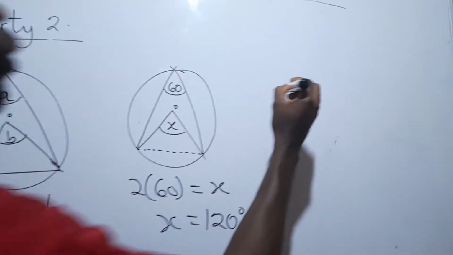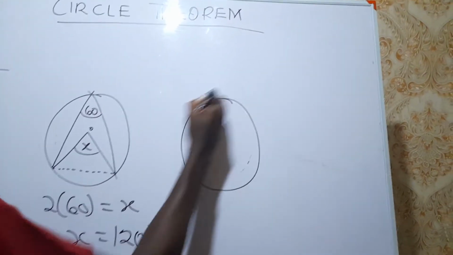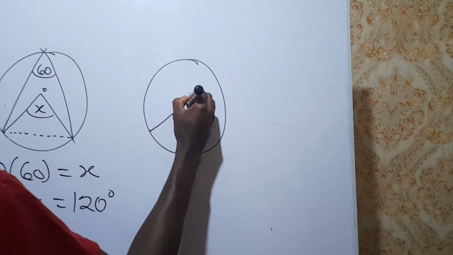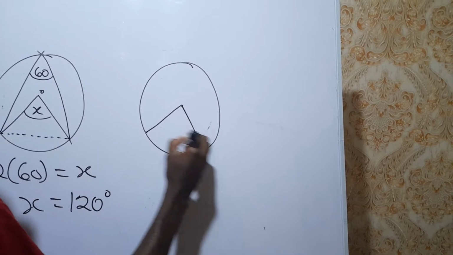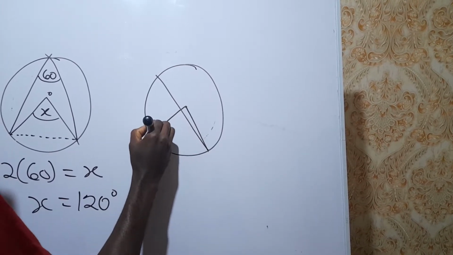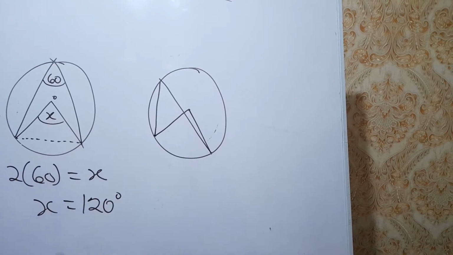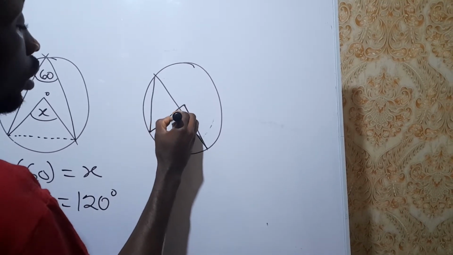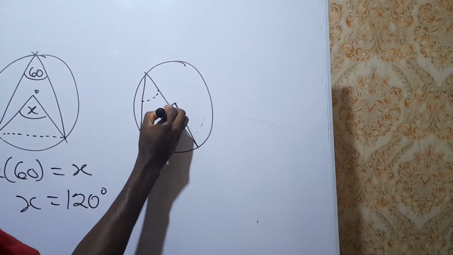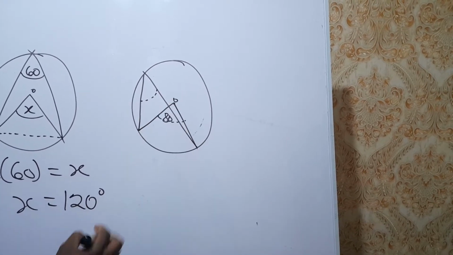The same way, if I have a problem like this, look at it. I have this angle here to be, let's say, 80 degrees. It's not drawn to scale.